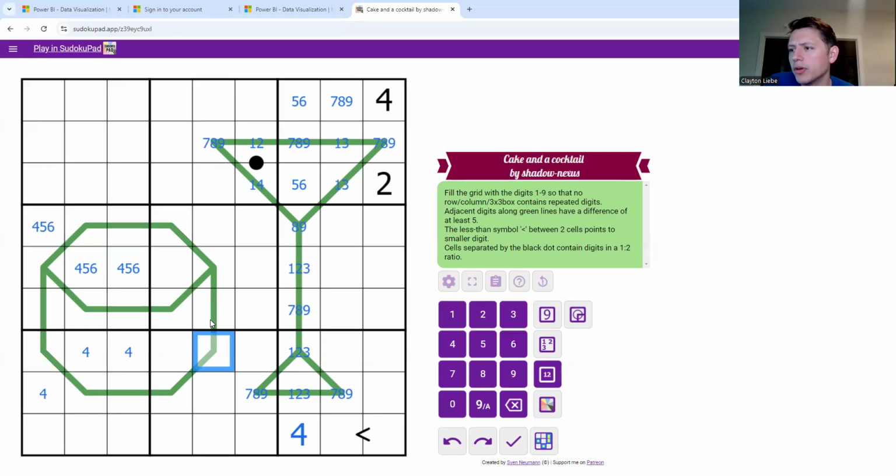And see here, we could put a 4. And here we could put a 4. So any of these have the capability to be 4, which is not as interesting. We know 4 is somewhere in the middle. Yeah, there's still too many options of things that could be 4, so I'll just leave it at that for now.